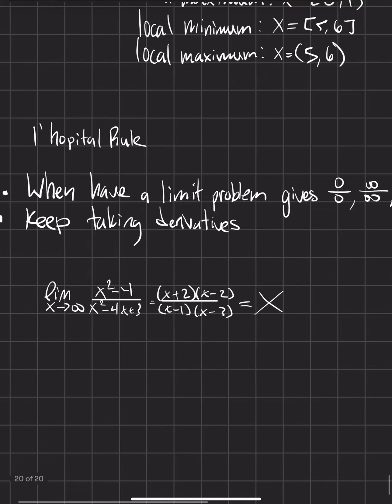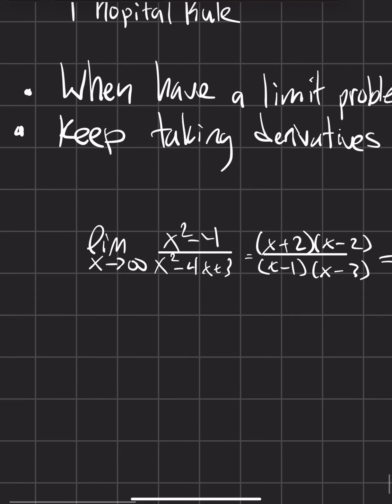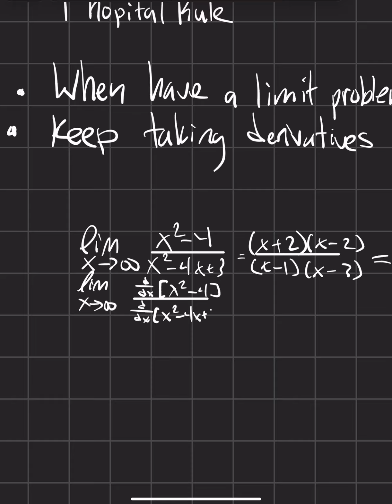So, using L'Hopital's rule, what it states is now let's just start taking the derivative of the top and bottom, right? So what you're doing is the limit as x approaches infinity of d over dx of x squared minus 4 over d over dx of x squared minus 4x plus 3, which then gives you 2x over 2x minus 4.